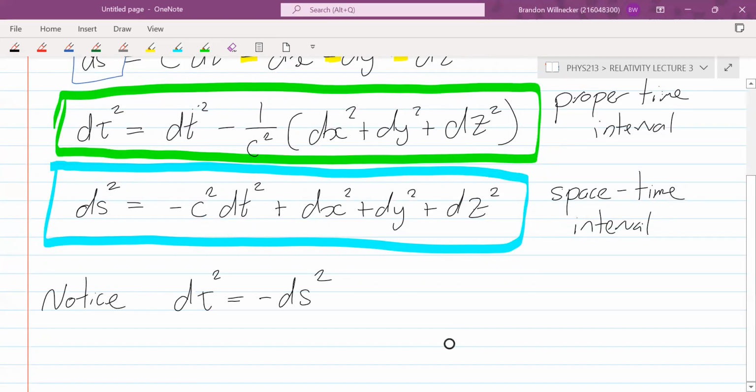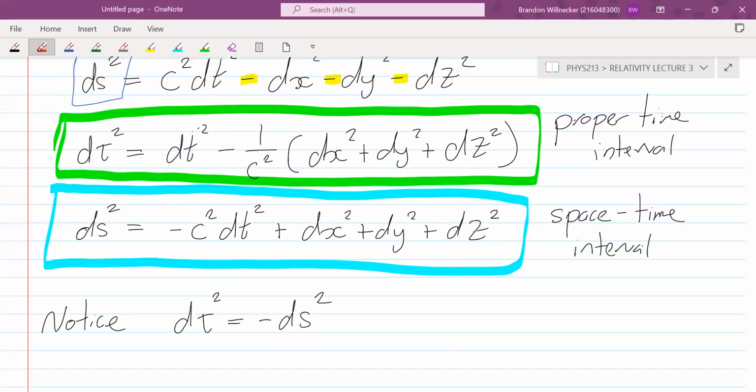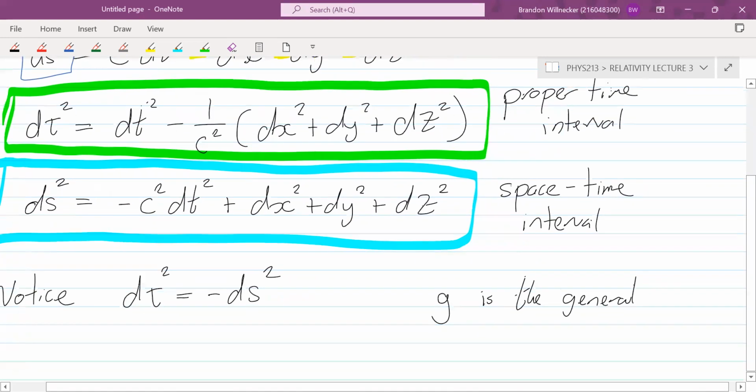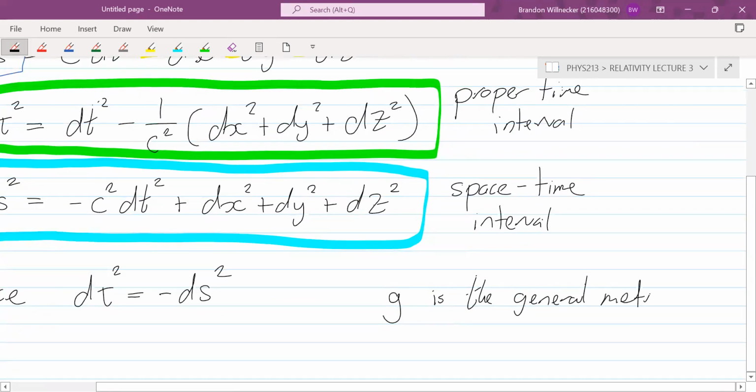Just by the way, sometimes the metric is given by eta. g is the more general metric, so we can use that for special relativity.